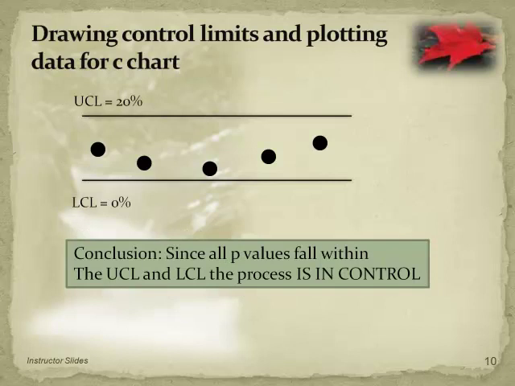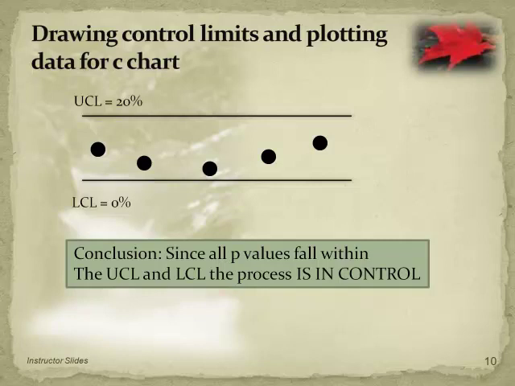I can draw my control chart. I have my 20% upper limit and 0% lower limit, and I'm going to plot my data for each day of the week. Now, again, what data am I going to plot? For the X bar chart, the data that I plotted was X bar data.